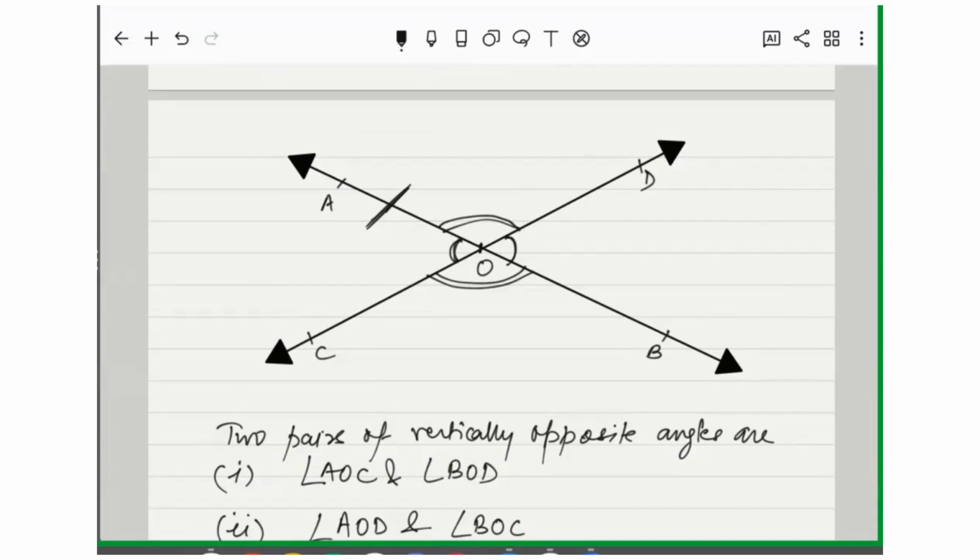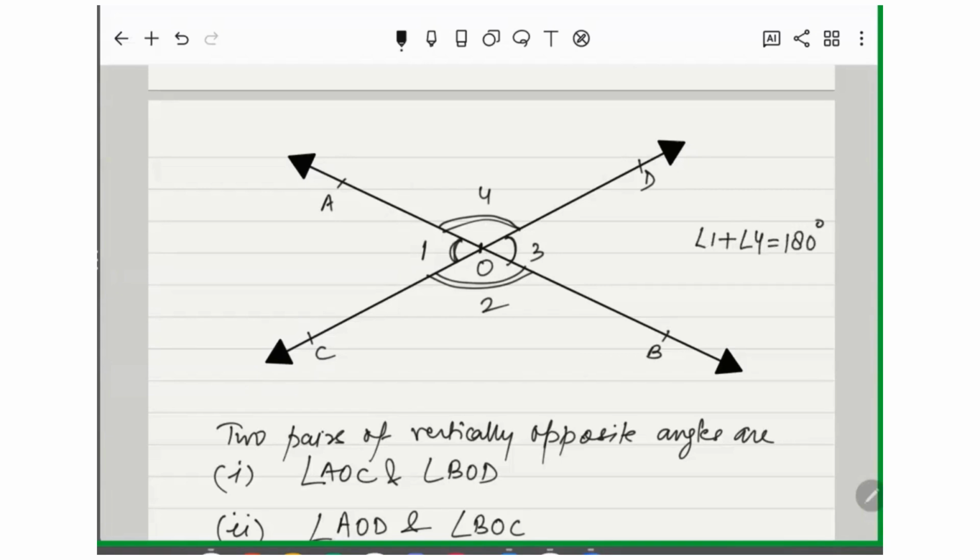If a ray stands on a line, then the sum of the adjacent angles so formed is 180 degrees. That means, suppose this is angle 1, 2, 3, and 4, right? So if OA stands on line CD, then angle 1 plus angle 4 will be equal to 180 degrees, according to the theorem, right?